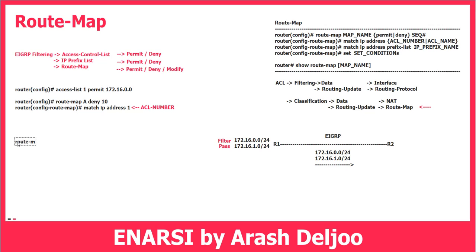Let me expand it. Route-map A deny 10, match ip address 1. This one is the number of the ACL. What does it mean? Actually, the ACL is gathering or classifying the network that we want. This ACL, as you can see, classifies only 172.16.0.0.